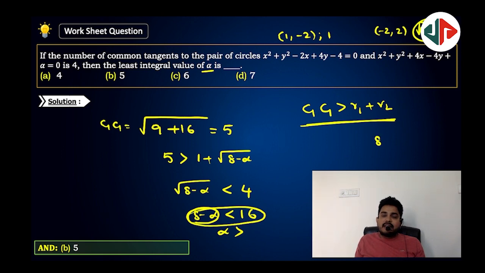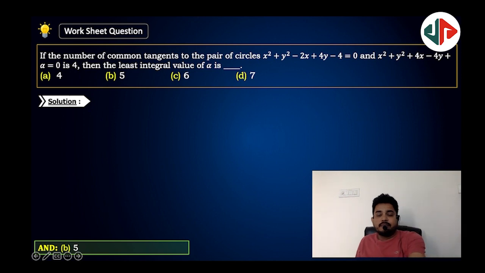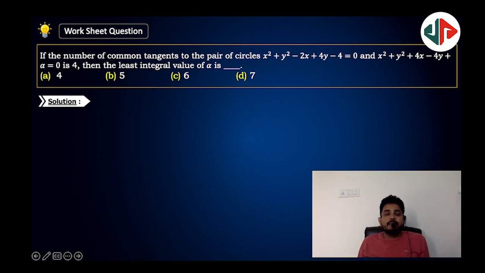So 8 minus alpha should be greater than 0. So what is the alpha value we can give? Once again, I'm doing this question.